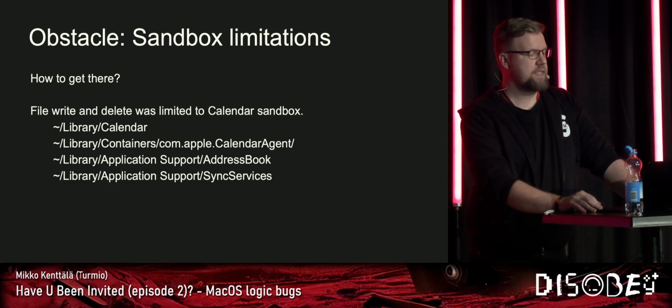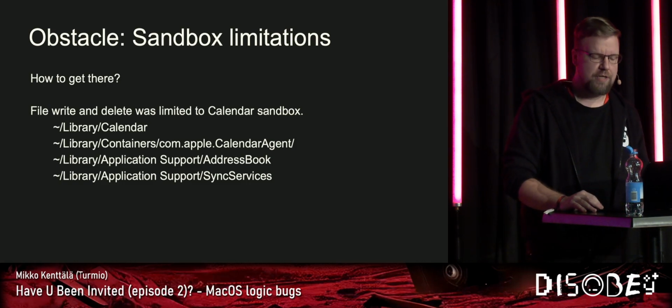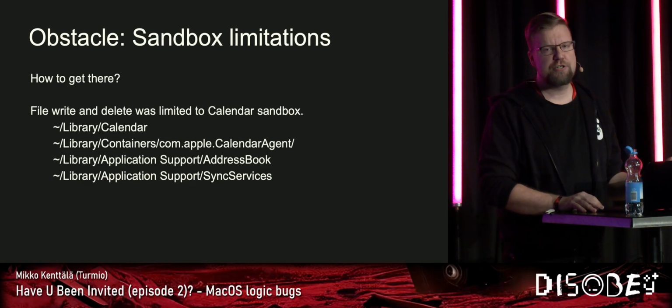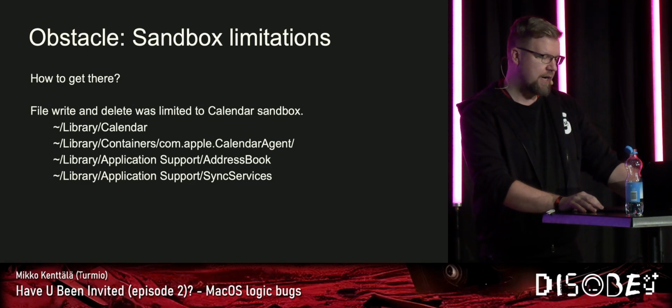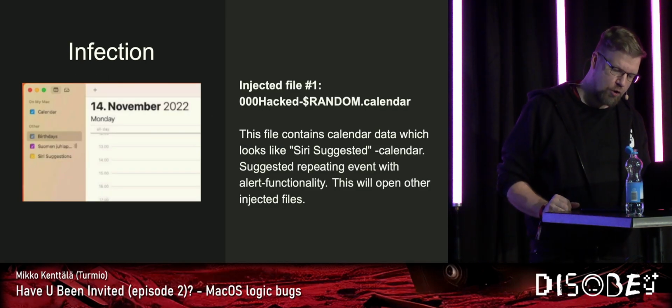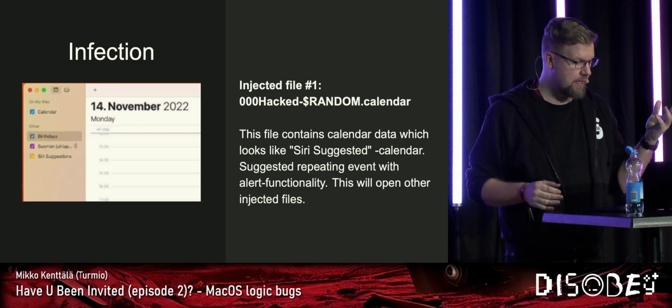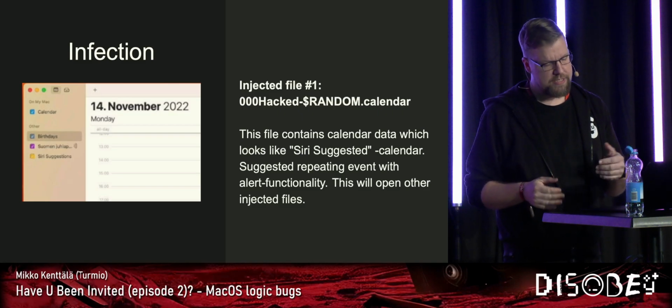Typically, since I enjoy logic bugs a lot, I try to find nice features that I can leverage in these exploit chains. So what I did was use that vulnerability in the calendar to inject new files.